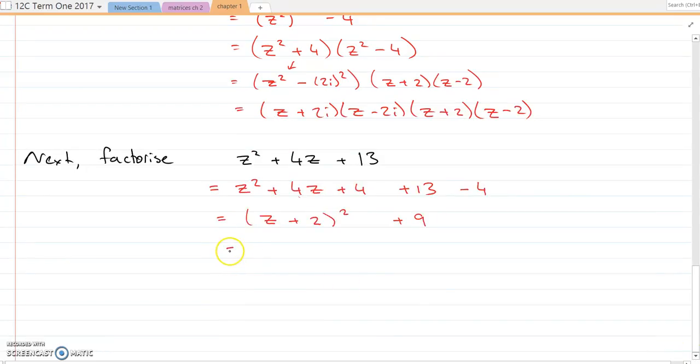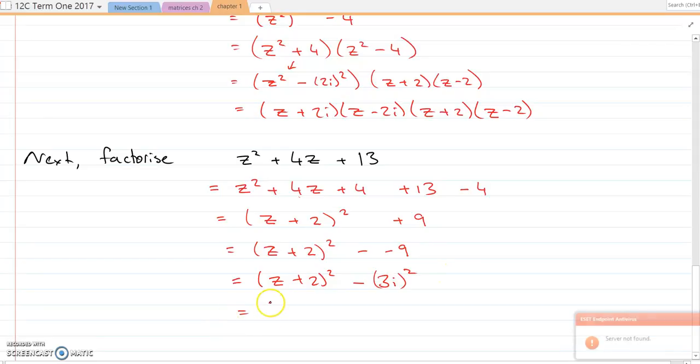Alright, so now difference of squares rule. I want to make this, so this is basically a minus of a minus 9. I'll do it this way, just showing you that extra step. Plus 2. So minus the square root of minus 9, which is 3i squared.